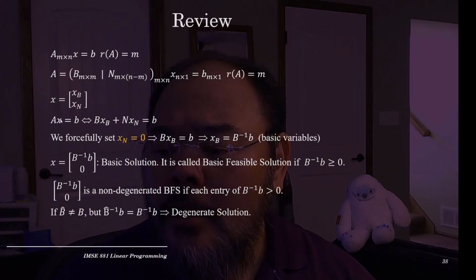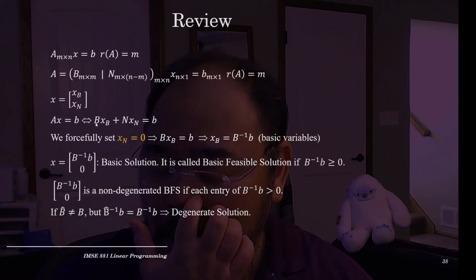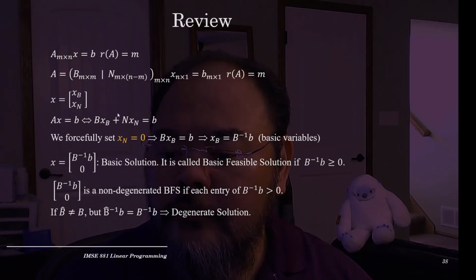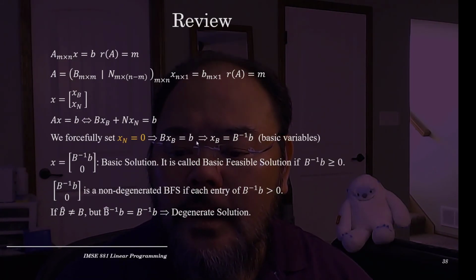So we can partition this, and A times x equals b can be rewritten as B times x_B plus N times x_N equals b. If we forcefully set x_N equal to 0, therefore B times x_B equals the right-hand side b, and we can directly calculate a particular solution.